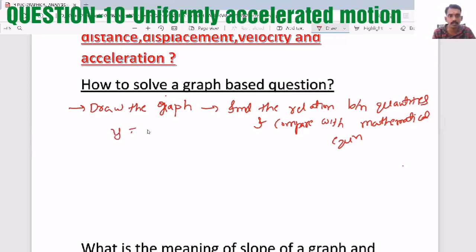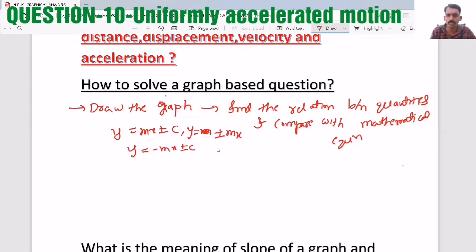That is y equal to mx plus or minus c, and y equal to plus or minus mx, or y equal to minus mx plus or minus c.